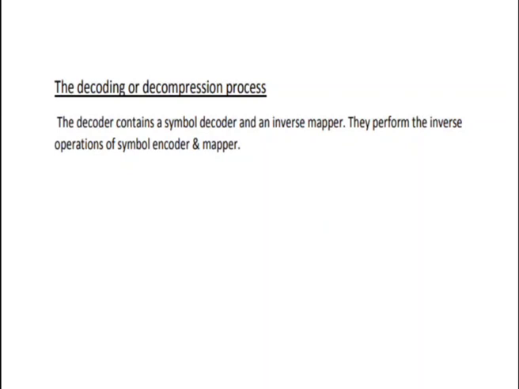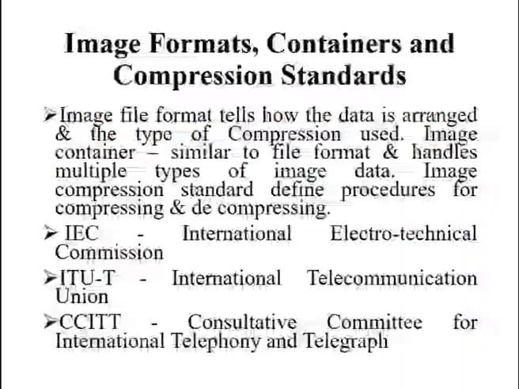These standards are the underpinning of the widespread acceptance of image compression techniques. The figure shows the list of the most important image compression standards, file formats and containers in use today, grouped by the type of image handled. The entries in black are international standards sanctioned by the International Organization for Standardization, that is ISO, and the International Electrotechnical Commission, IEC, and the International Telecommunication Union, ITU, a United Nations organization that was once called the Consultative Committee of the International Telephone and Telegraph, that is CCITT.